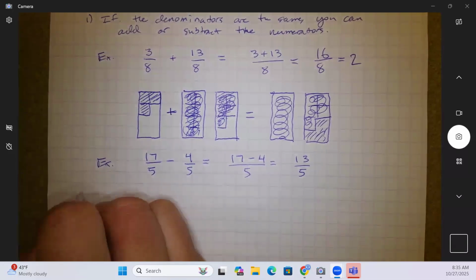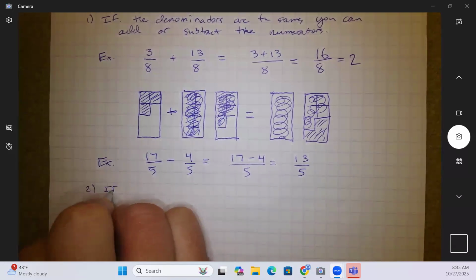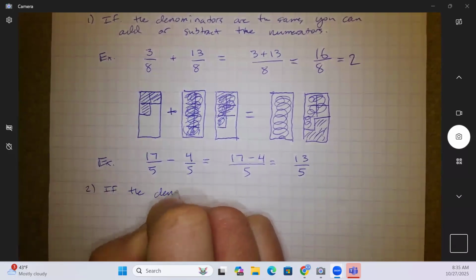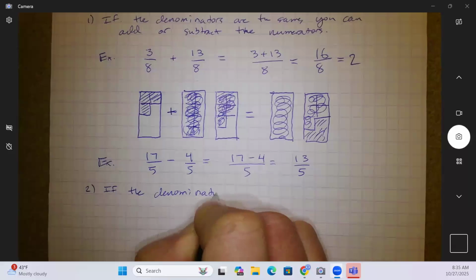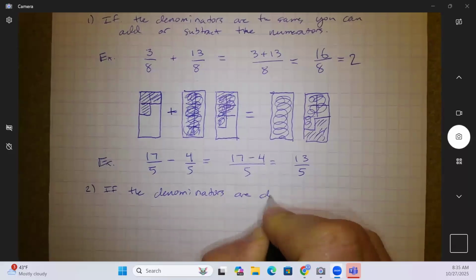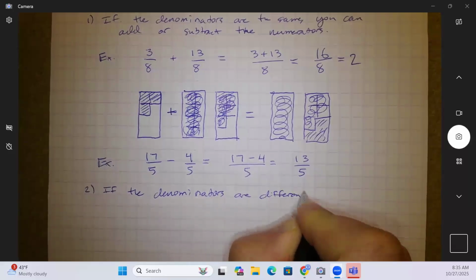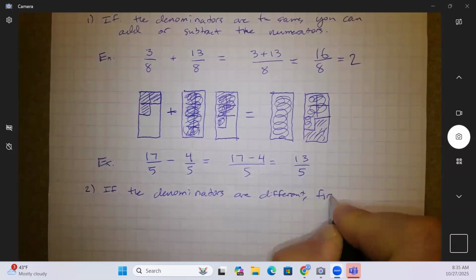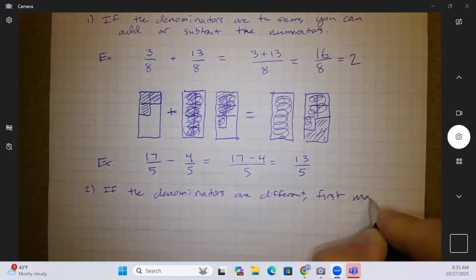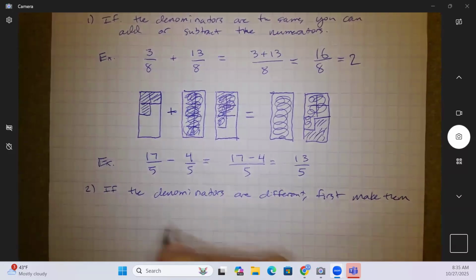And guess what? If the denominators are different, first, make them the same.